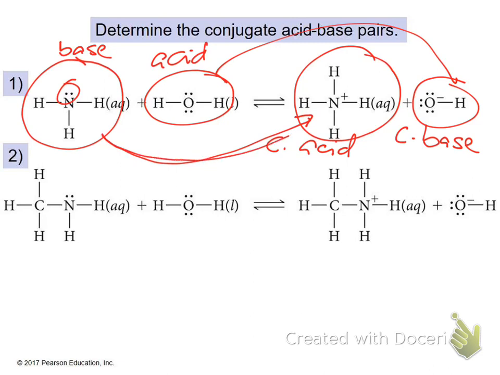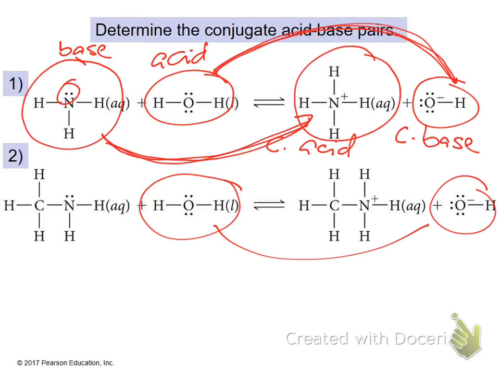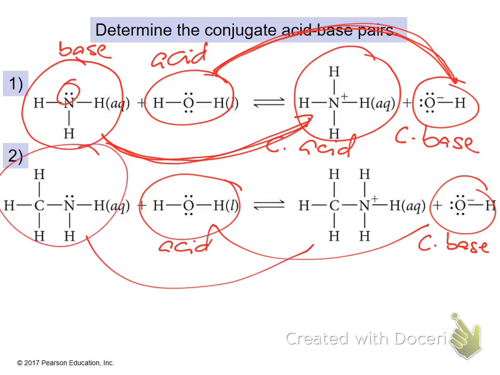So these right here are one conjugate acid base pair, and these two right here are another acid base pair. Okay, and it's the same thing here for the second reaction, right? We have H2O turning into OH minus, so that means this is your conjugate base, and water is acting as an acid, and this structure right here turns into this, so it means this is your conjugate acid, and this is your base.